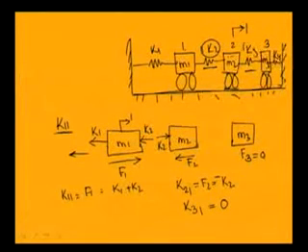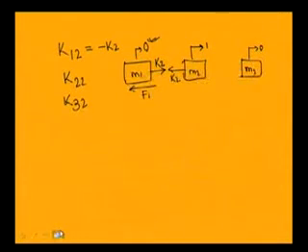For the spring K3, it will be compressed by this motion of mass 2, and as there is no motion of mass 3, the relative motion of spring K3 will be unity. So, the spring K3 will exert a force in the opposite direction, equal to K3 into 1, that is equal to K3.